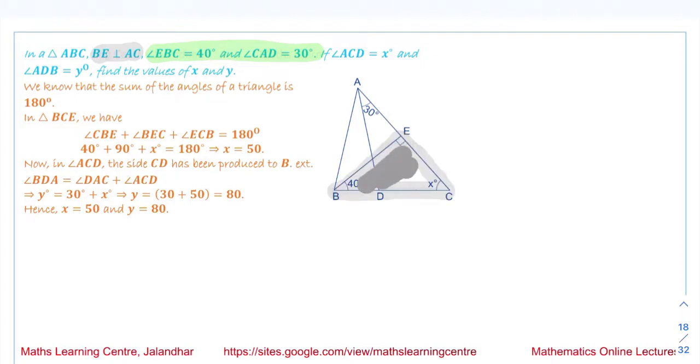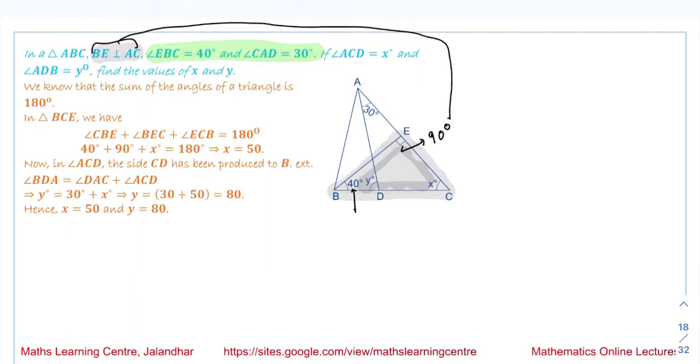In this triangle, this angle is 40 degrees. This angle is given to be 90 degrees because BE is perpendicular to AC. So in this triangle, we have to calculate the value of x. So 40 plus 90 plus x is equal to 180. So you will get the value of x is 50 degrees.